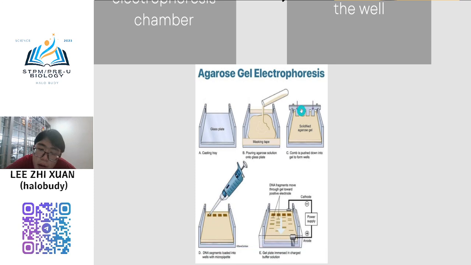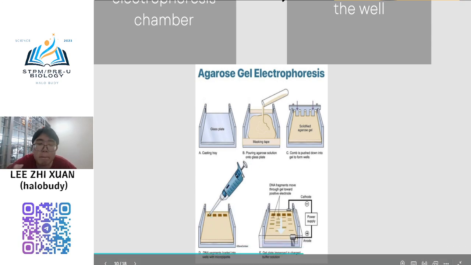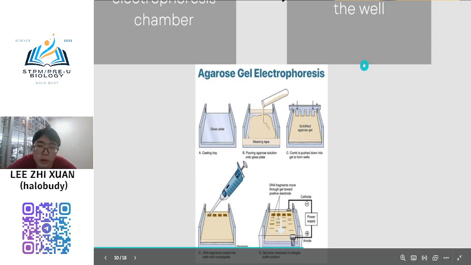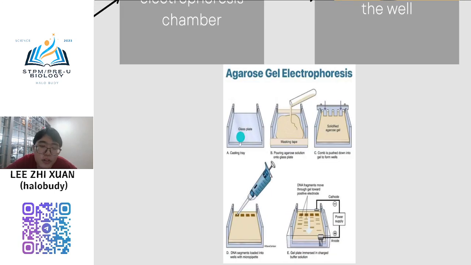So after that, you see there are wells here. They will have a hole here. This hole is the place where your sample is put. We call it load, not put, load the sample into the well.